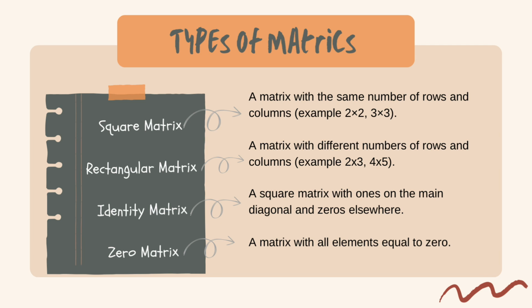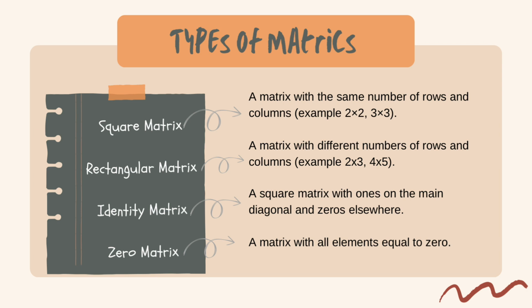Now you have the rectangular matrix. This is a matrix with different numbers of rows and columns. Example, 2 rows, 3 columns, or 4 rows, 5 columns. Wonderful. Now we have the identity matrix. This is a square matrix with ones on the main diagonal and zeros elsewhere.